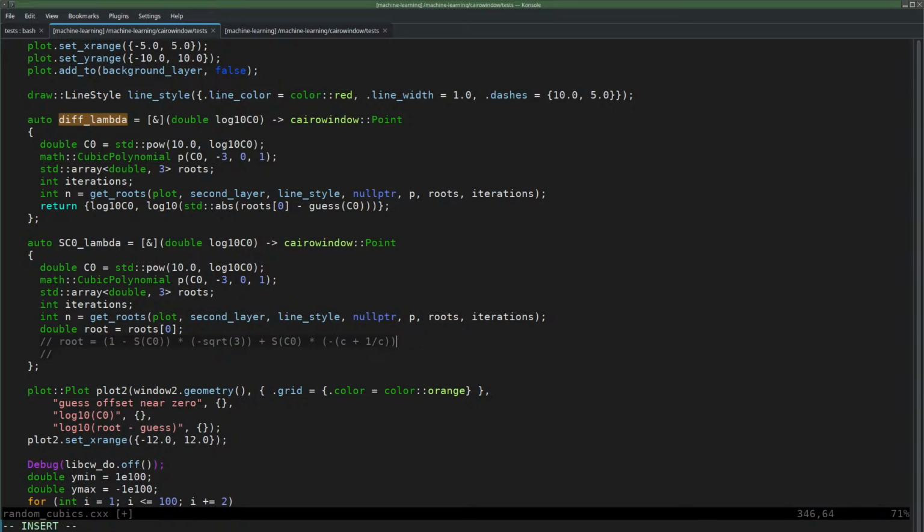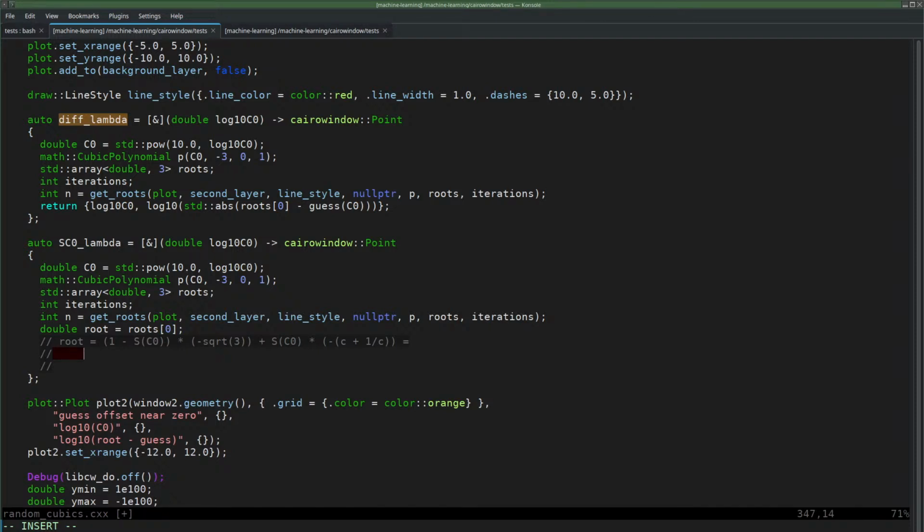Let's begin with an equal sign. So let's rewrite this a little bit. The 1 times that is minus the square root of 3. And then plus the square root of 3 times the S of C0. And this is minus C. You can keep that as one number.